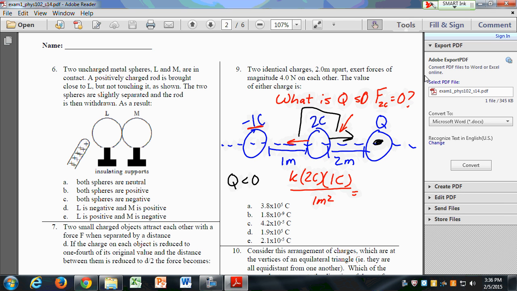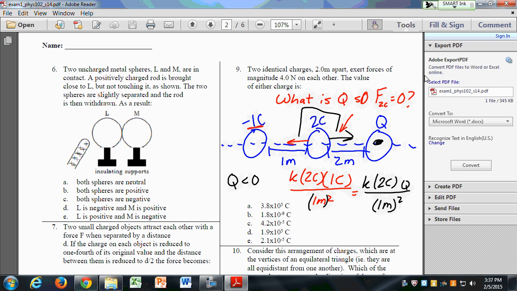And then the other force would be K times 2 coulombs times Q divided by 1 meter squared. And so of course here Q would be what? This was really simple. Because they're the same distance apart, everything cancels out except Q would then be equal to 1 coulomb.